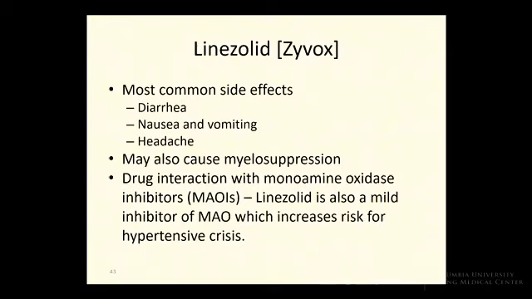Most common side effects: diarrhea, nausea and vomiting, headache, which are probably the most common side effects for most medications. It can cause myelosuppression. Myelosuppression refers to suppression of the myeloid-derived blood-borne cells.